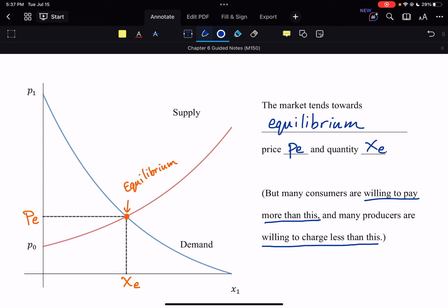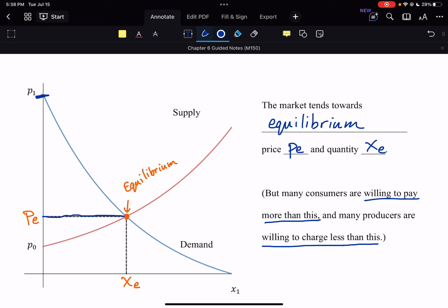So if I'm a consumer purchasing a product, I may be willing to spend up to $10, $20 for this item. The company is only charging $5 for the item, so all I have to pay is $5. I would have been willing to pay up to $10 or whatever it may be.